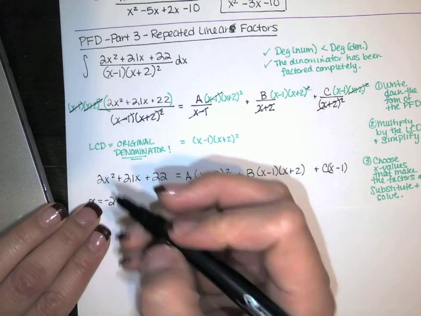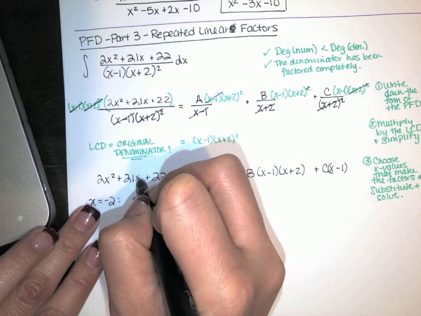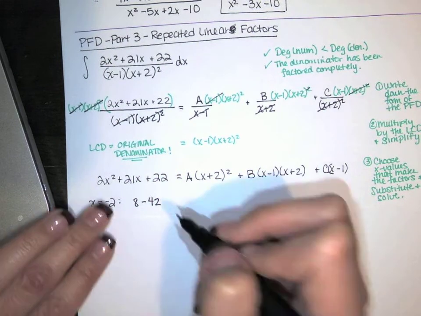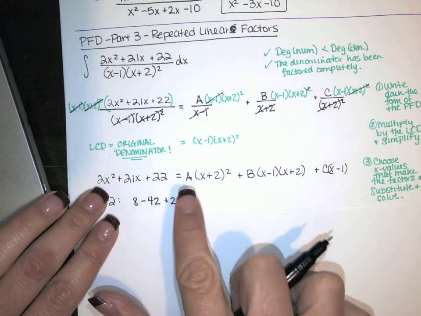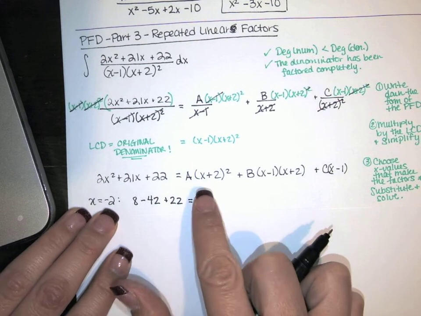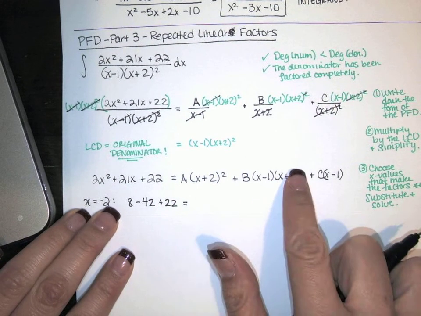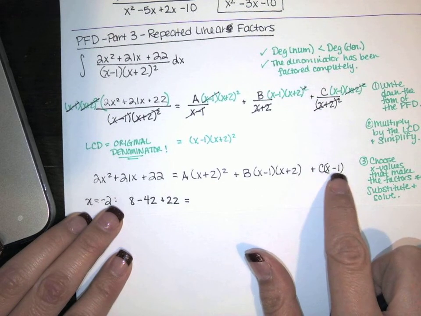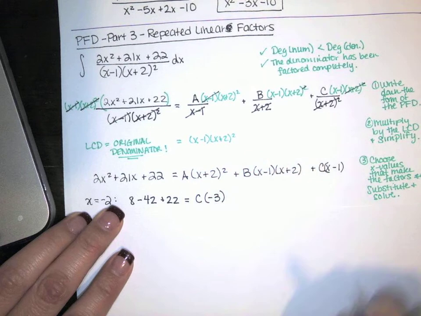So I've got 8 minus 21 times -2 is -42 plus 22. And that equals a times 0 squared, so that's 0. And if x is -2, that's 0, so that guy's gone. And over here, I've got c times -2 minus 1. -2 minus 1 is -3.